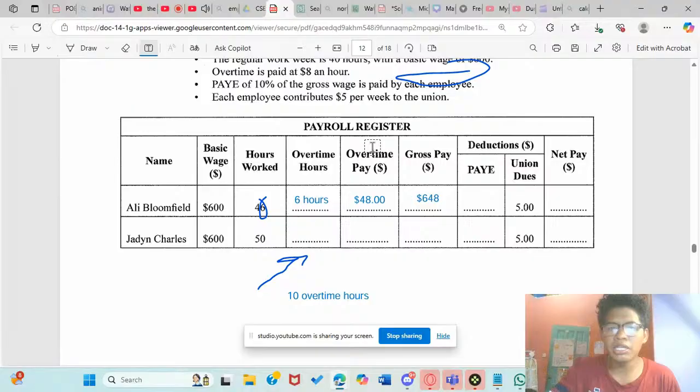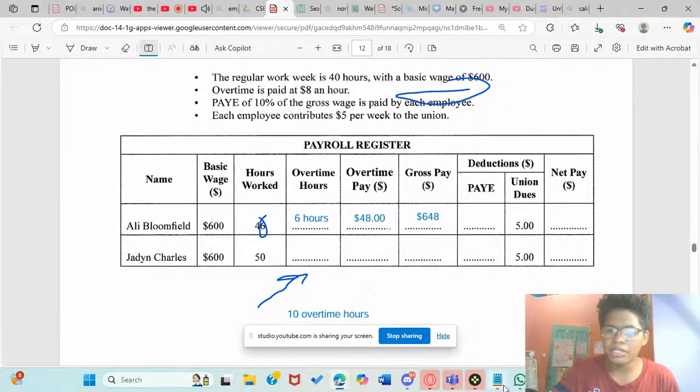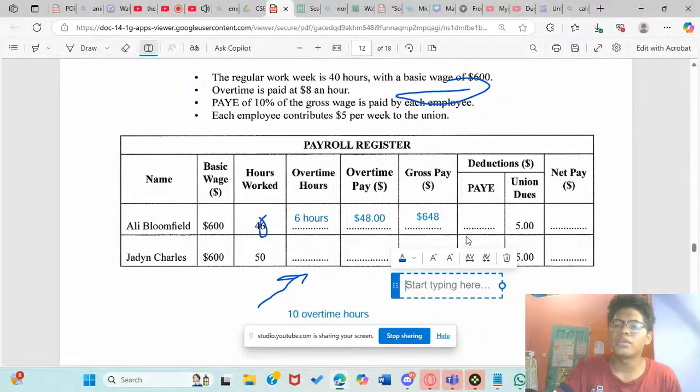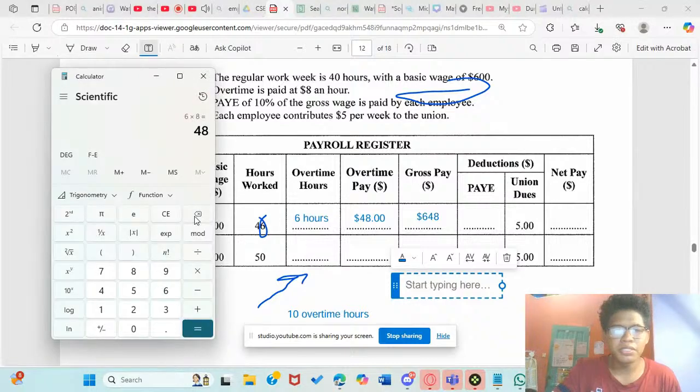So let's look at the PAYE. We did get the initial calculations for the 10% of the initial value. So his PAYE is 10% of the 648. Let me show you guys how to do that.